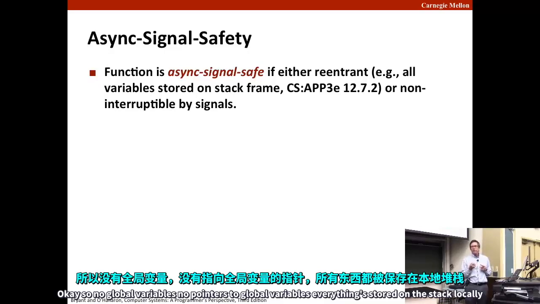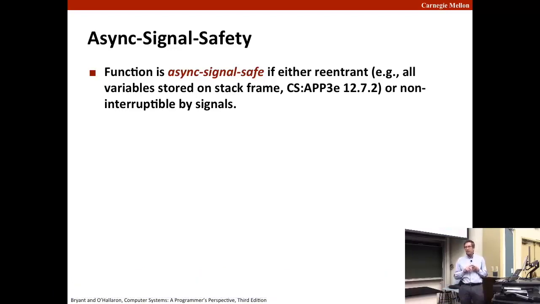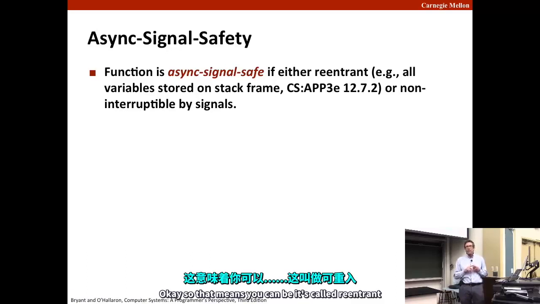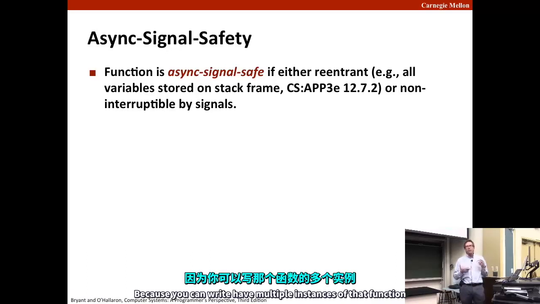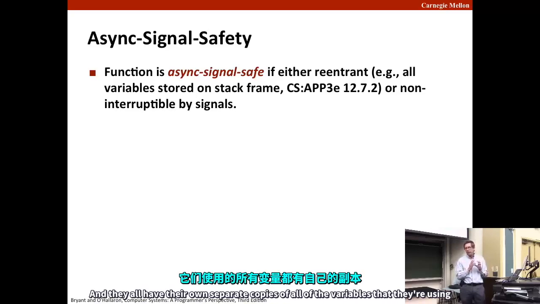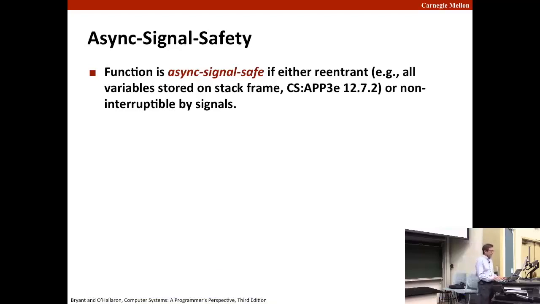So no global variables, no pointers to global variables. Everything's stored on the stack locally. That's why it's called reentrant: you can have multiple instances of that function, and they all have their own separate copies of all of the variables that they're using.